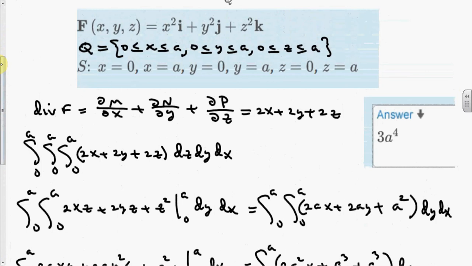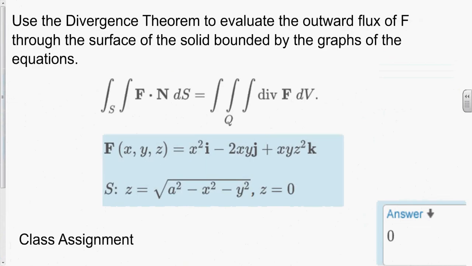Just the bounds for its region, Q. All right. Do you have it? Let's see if you can work this one out. Give you a hint there.